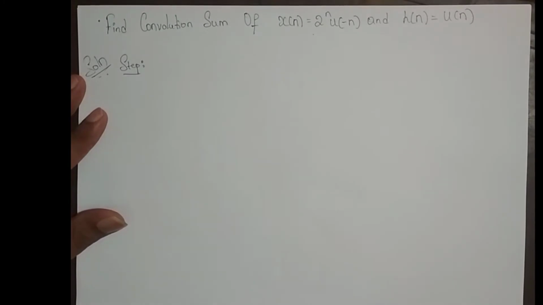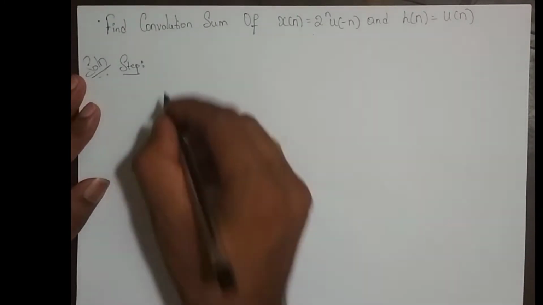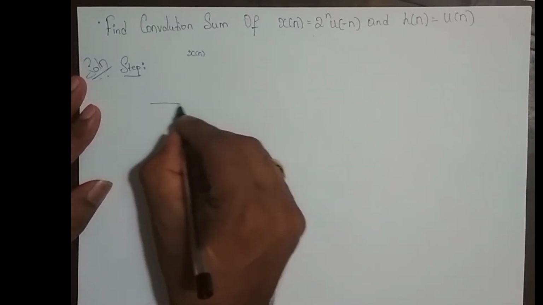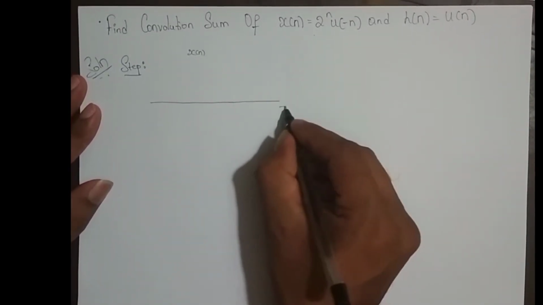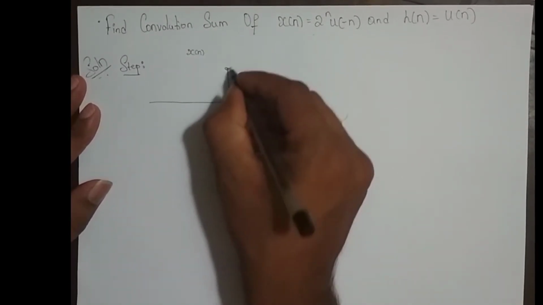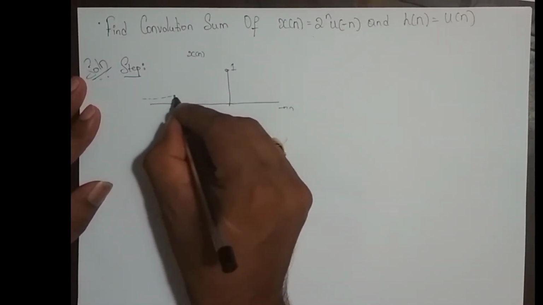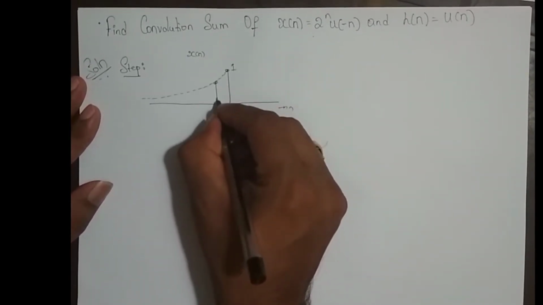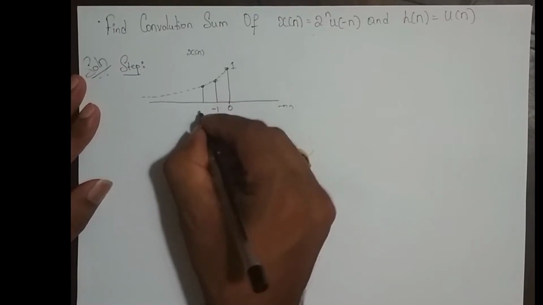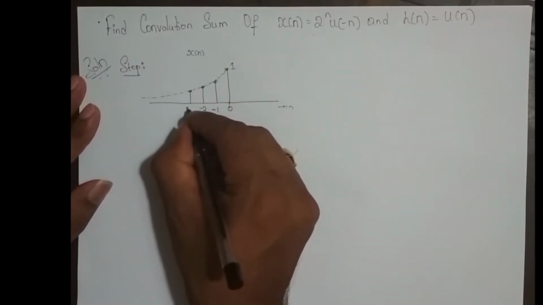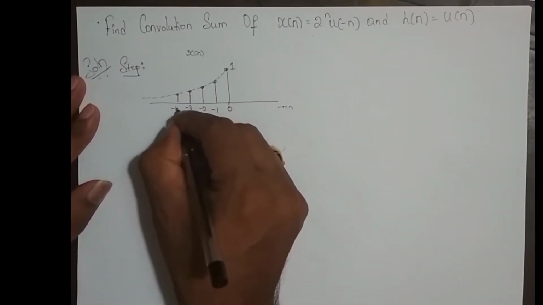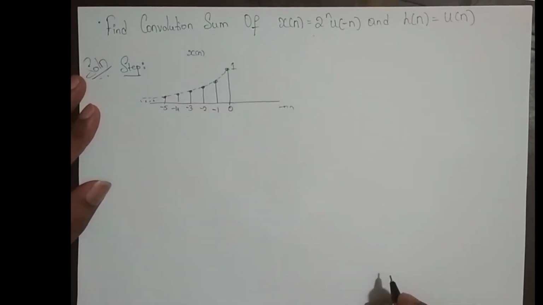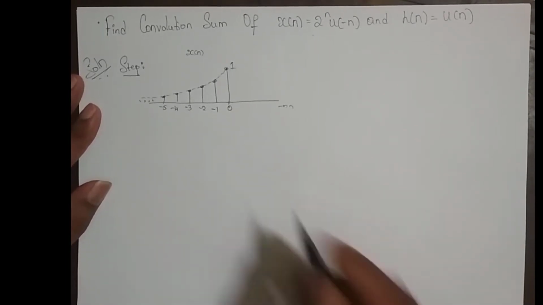Now I'll plot the x of n sequence. How does x of n look? It is 1 at n equal to 0, and it is exponentially increasing from minus infinity, with samples at minus 1, minus 2, minus 3, minus 4, minus 5, and it goes on, which is 2 power n u of minus n.